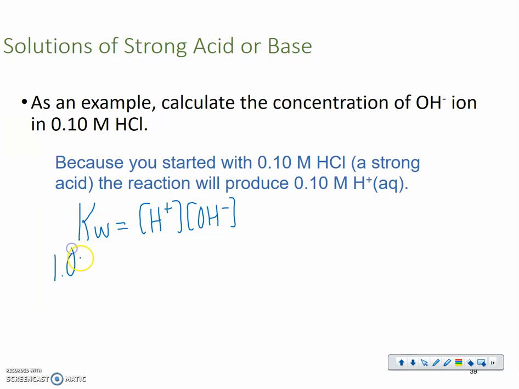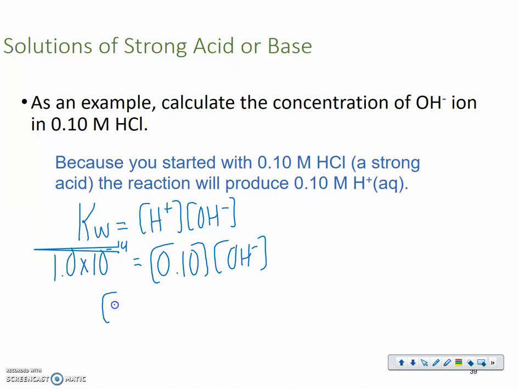Again, we're at the correct temperature, we're going to assume. Our concentration of hydrogen is 0.10 since we have a strong acid. It would be a lot more complicated if we had a weak acid. Times our concentration of hydroxide. We're just going to solve for our concentration of OH. So 1 times 10 to the negative 13th, a very small concentration.